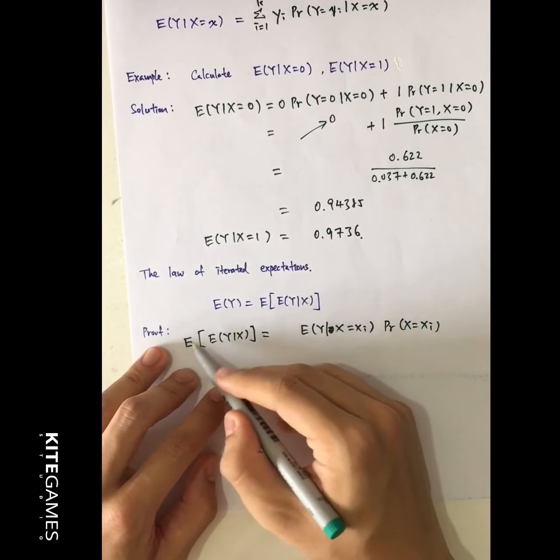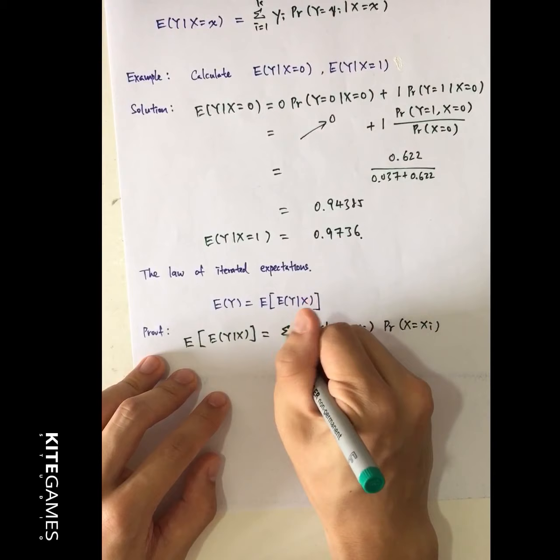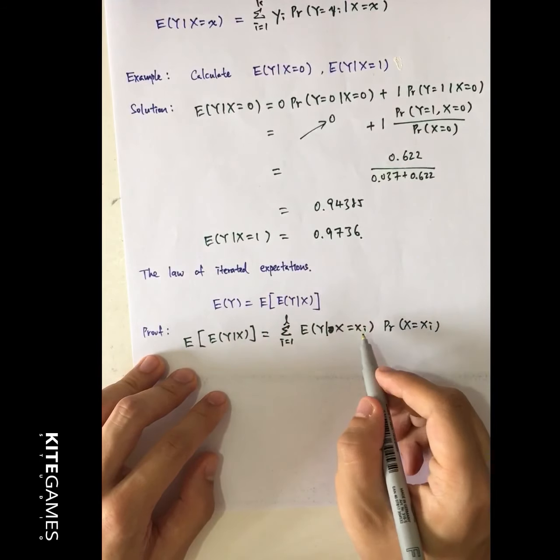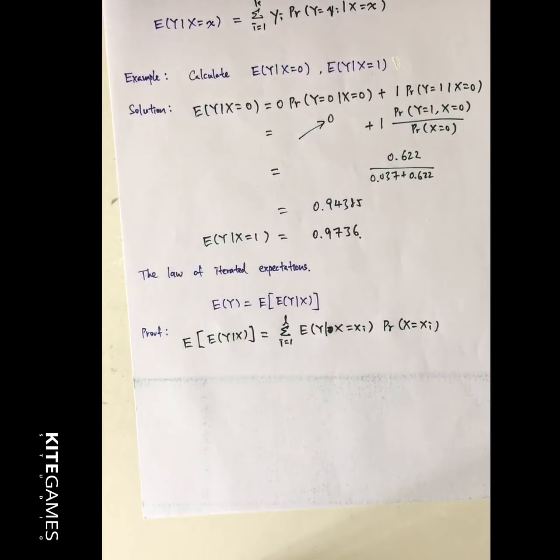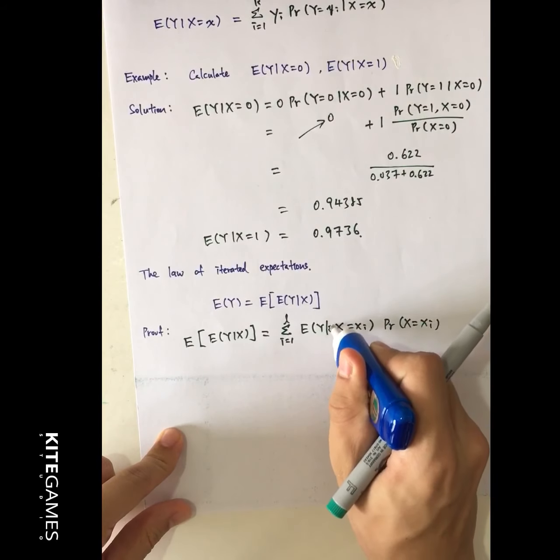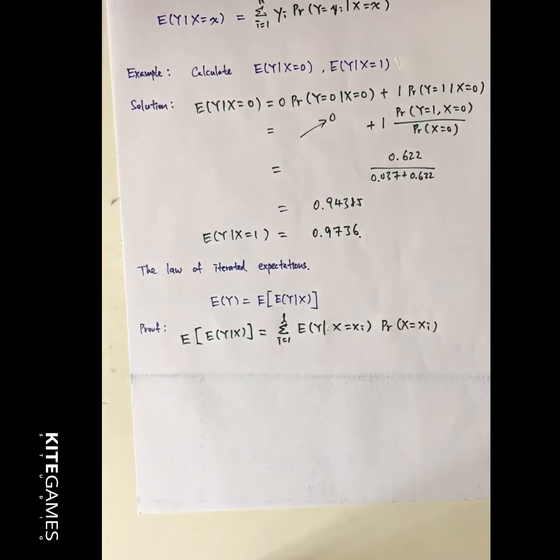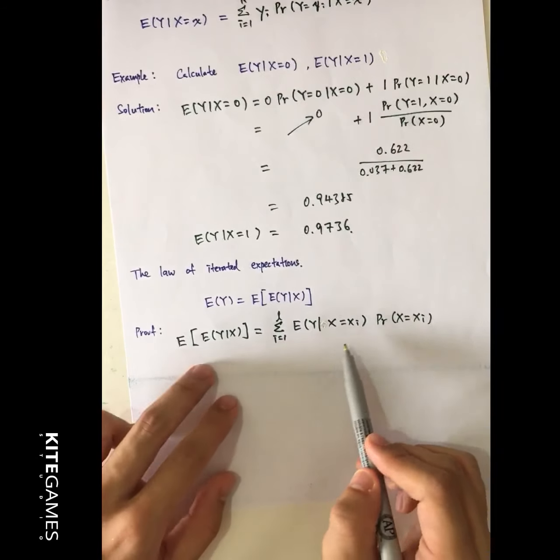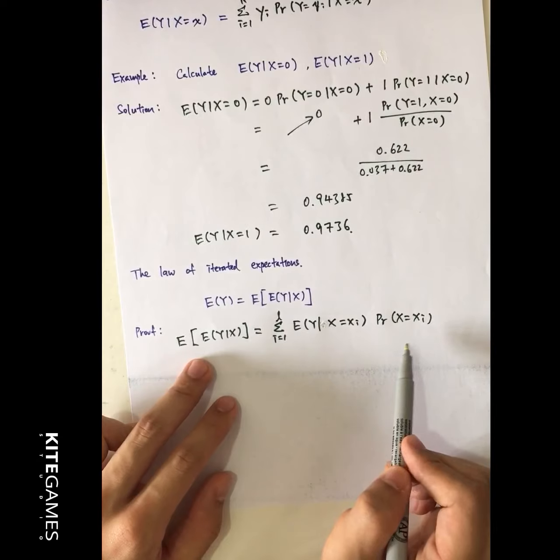So this is the outside expected value. Of course, you need to add up all the i from 1 to L, since the value of x can take values for i equal to 1 up to L. So this is the first step. You expand the expected value into the expected value times some probability.